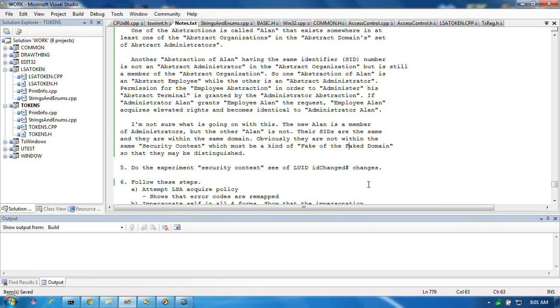So they must be on a different network. So a different fake of a network, a different abstract network. So there must be a fake domain created to allow for the existence of the employee version of Alan.